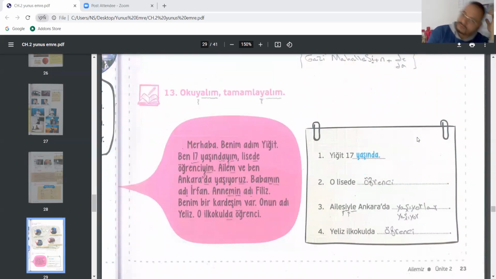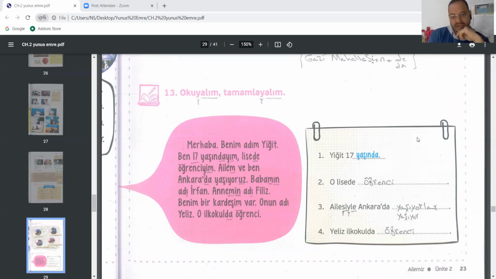Okuyalım, tamamlayalım. Merhaba, benim adım Yiğit. My name is Yiğit. Ben 17 yaşındayım. I'm 17 years old. Lisede öğrenciyim. I'm a student at the high school. Ailem ve ben Ankara'da yaşıyoruz. My family and I live in Ankara.